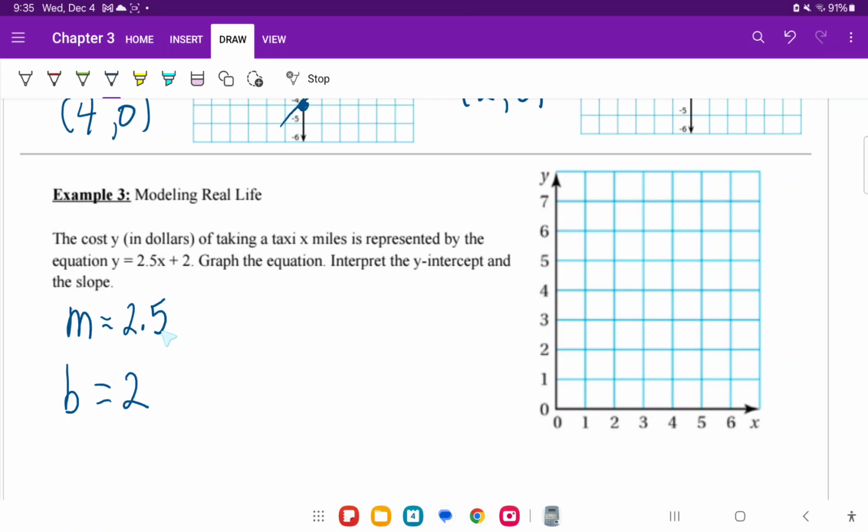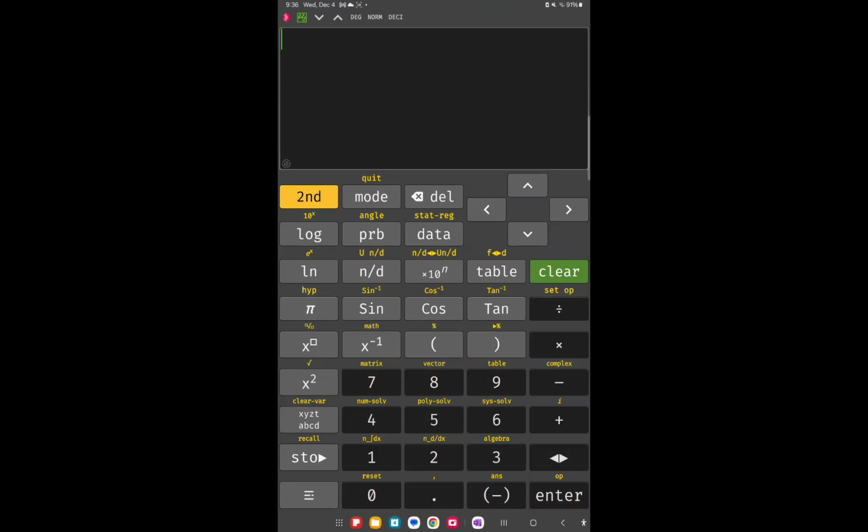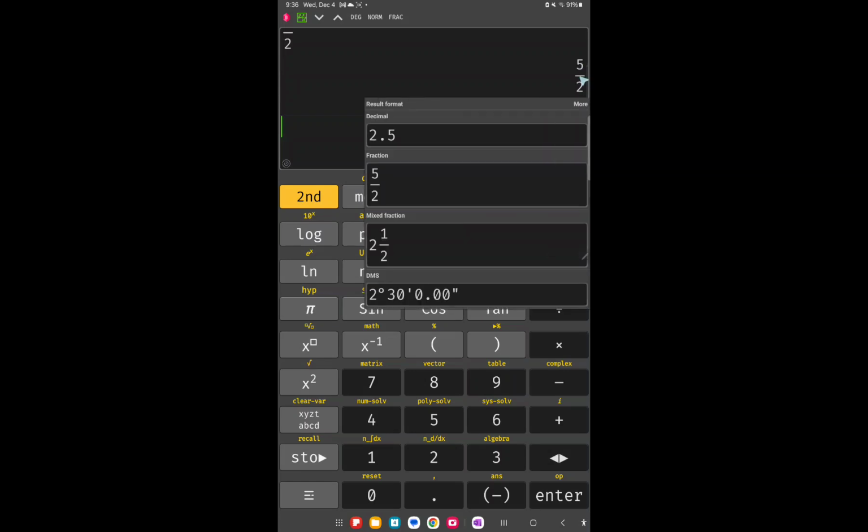Now 2.5 is not very helpful to us, so we're going to use our calculator to change that to a fraction that we can use. So let's go over to our calculator and put in 2.5 and press enter. After I press enter, I hit my toggle switch here, and notice that it changes it to 5/2.